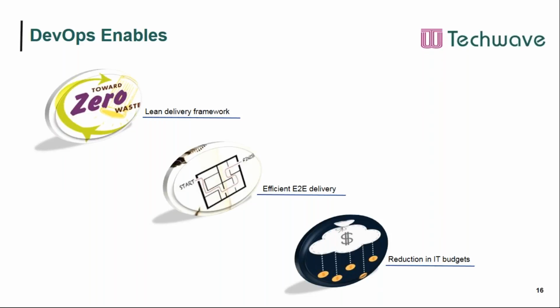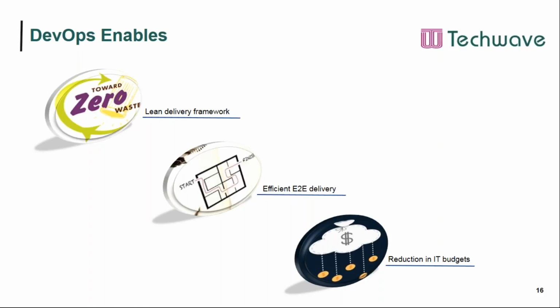So let's see overall what we achieve after adopting the DevOps model. Move quality upstream or shift left testing has now become a reality with the fail first, fail fast, fail often philosophy. Early defect identification will lead to a lean delivery framework with increased product and service quality.